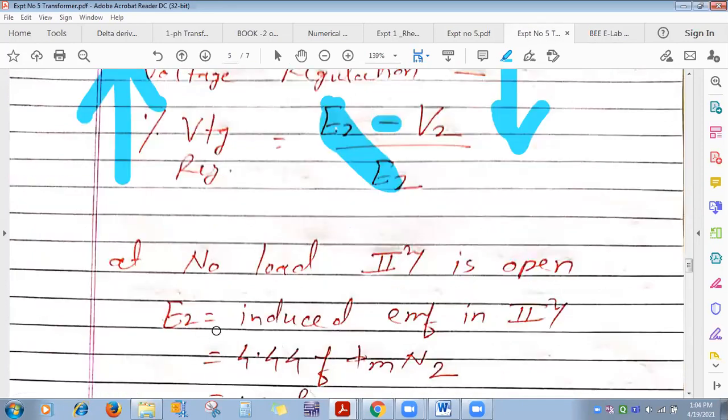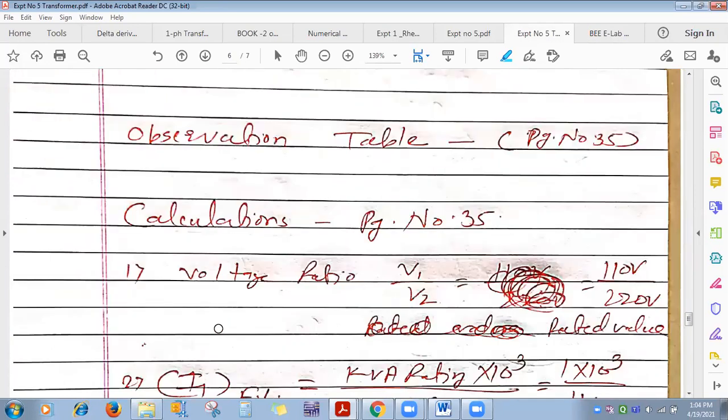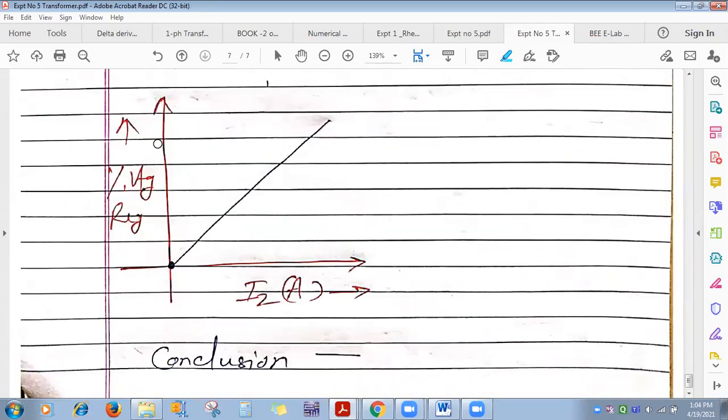That's why if you plot a graph of voltage regulation versus current, with voltage regulation along the y-axis and current along the x-axis, you will find voltage regulation depends on current. When no load is there, I2 is 0, voltage regulation is 0%.